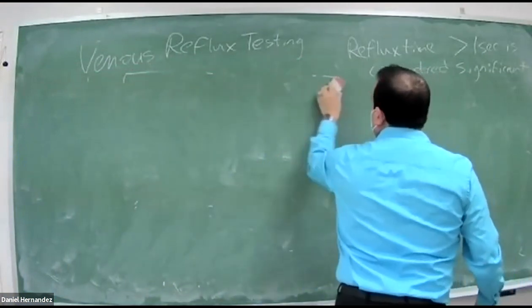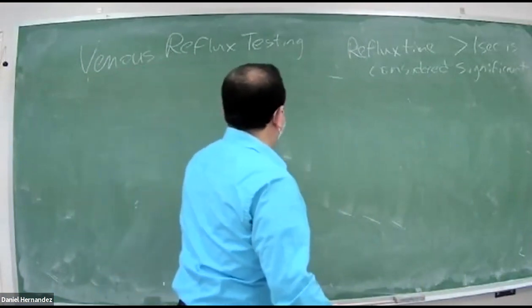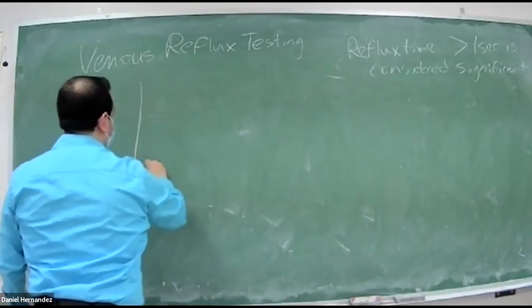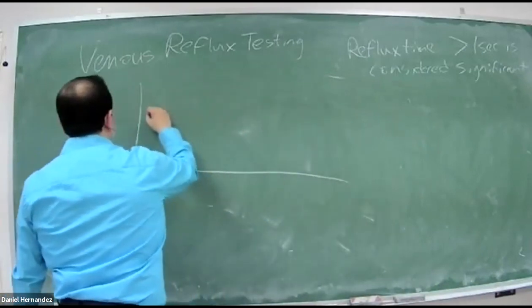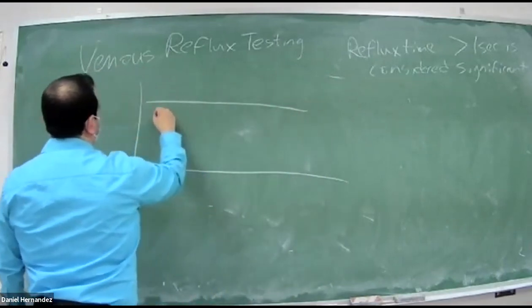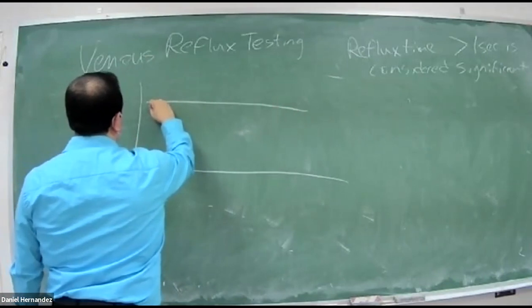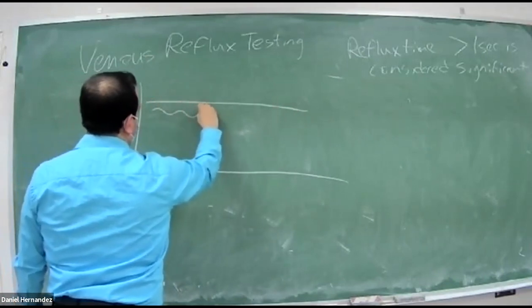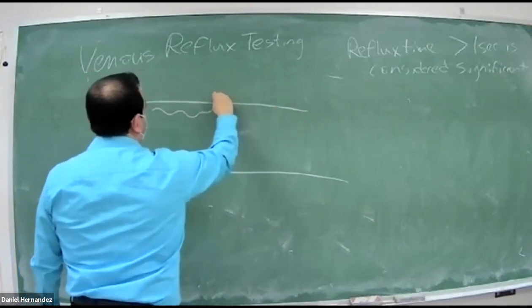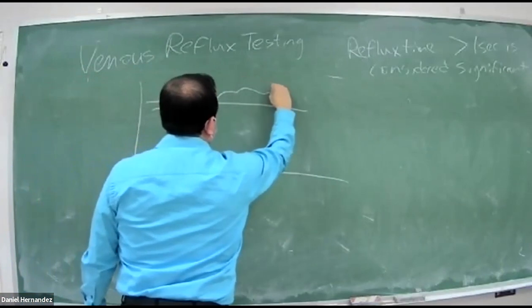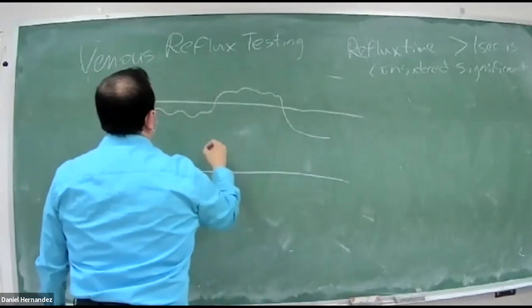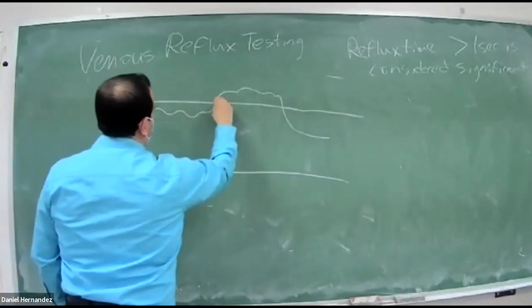So then what is it going to look like on spectral tracing? We'll have our normal venous waveform. We'll have them Valsalva. And then we'll look for venous flow to go above the baseline.